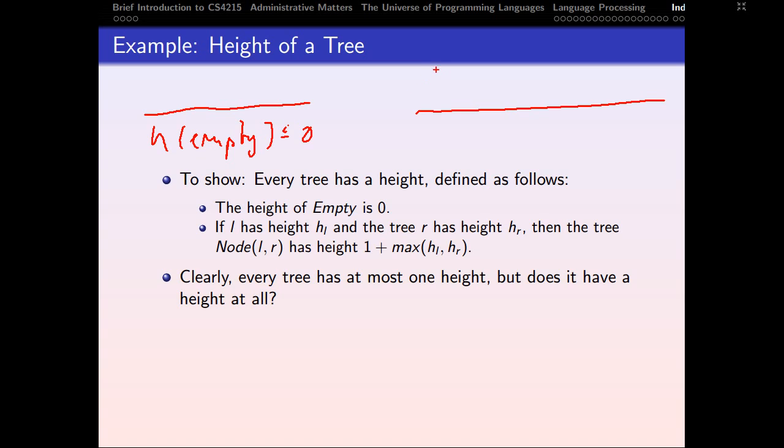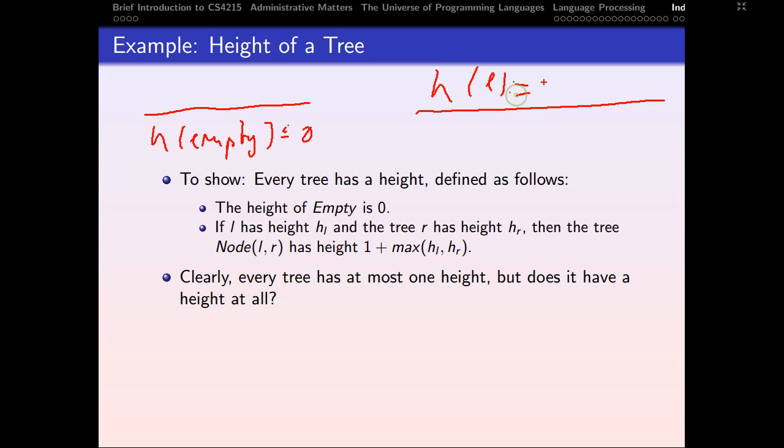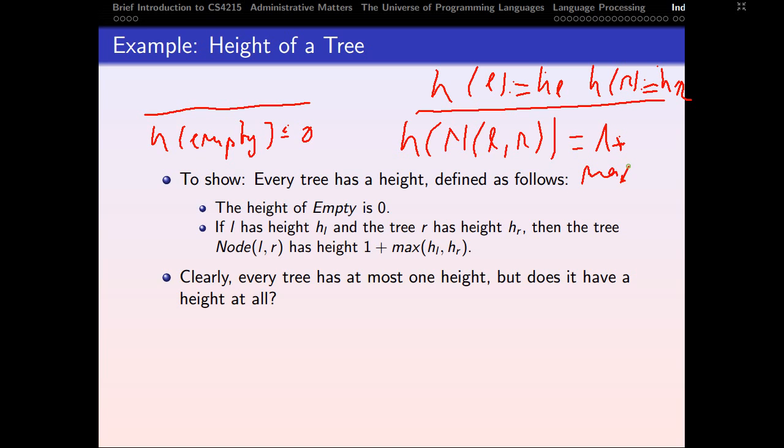if h of L, let's call it hl, and h applied to R is hr, all right, then h of node, and I'm just going to write n of L and R, is going to be 1 plus max of blah blah blah, right?